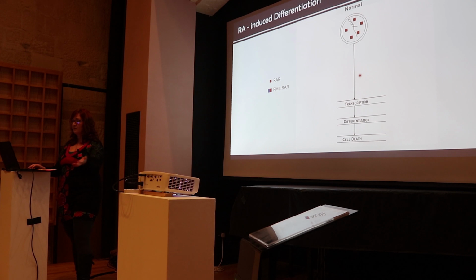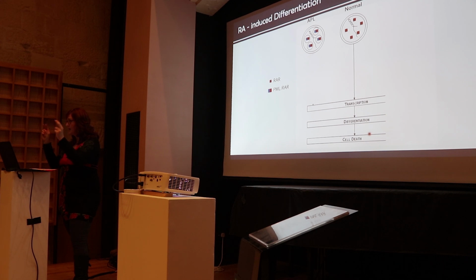So a normal cell, when it receives signals that force it to age, a process known as differentiation, will eventually die. For example, in one type of leukemia, acute promyelocytic leukemia, there is a mutation that does not allow maturation. So it stays as a baby cell, as a stem cell, and just multiplies.